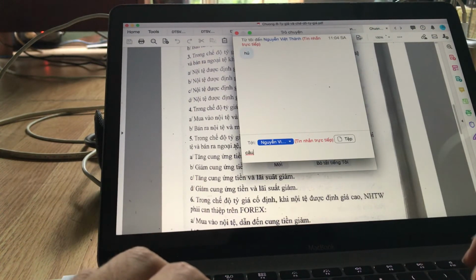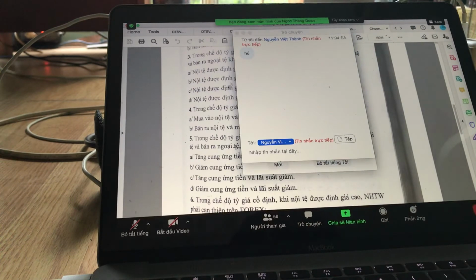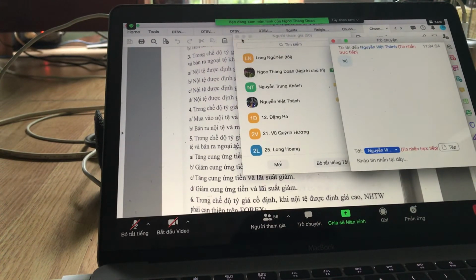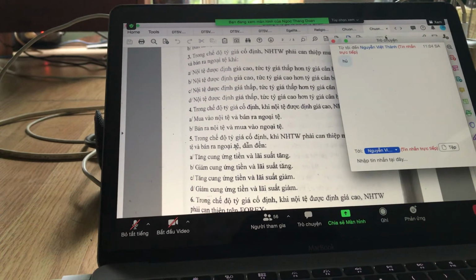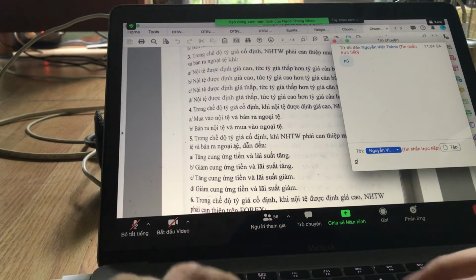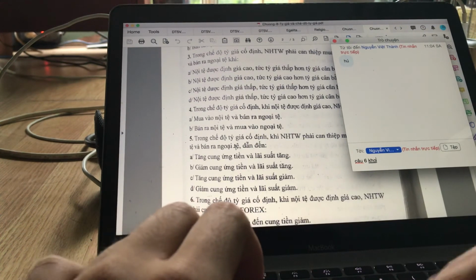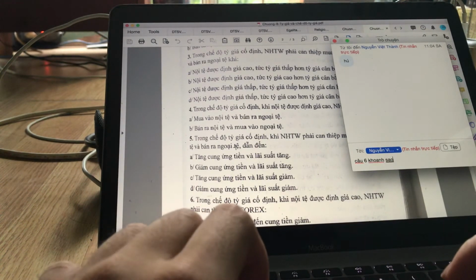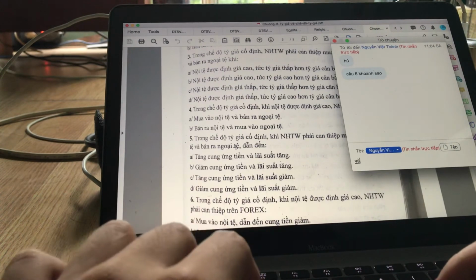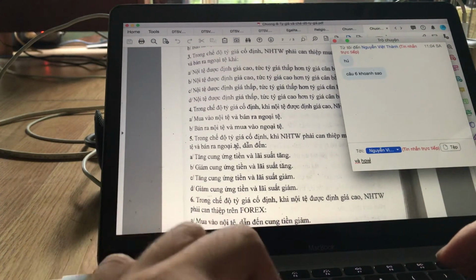When they sell the foreign currency, the situation is the same. So we have the central rate, or the official rate, lower or higher than the equilibrium rate? Lower, right? Okay. The situation is the same, but let's see.